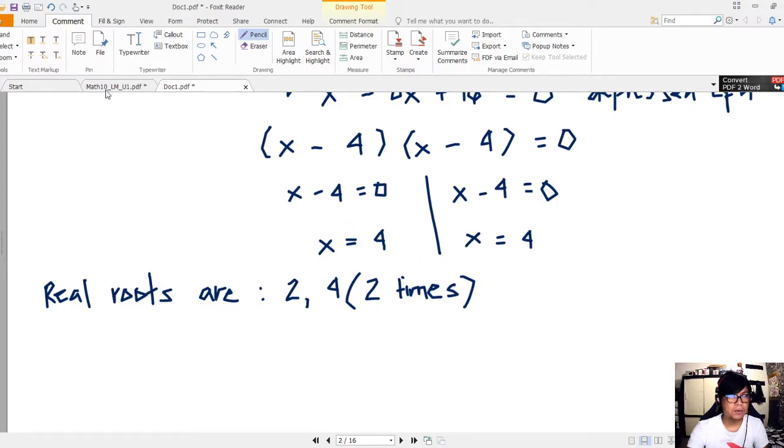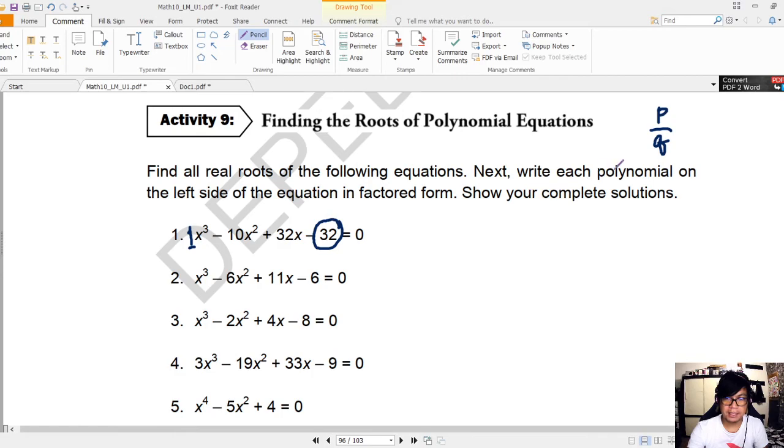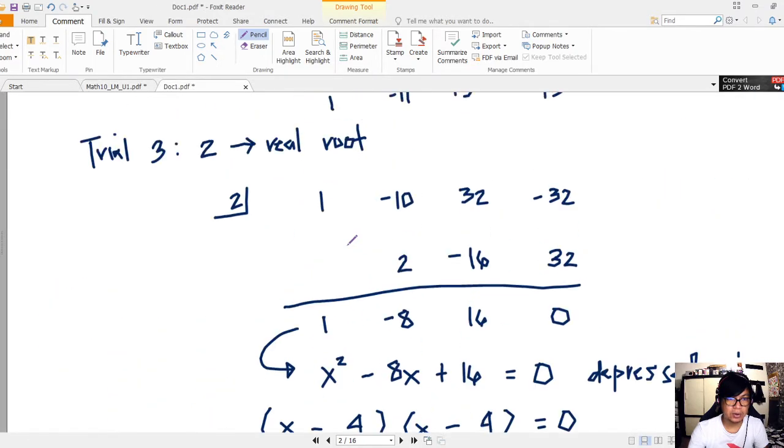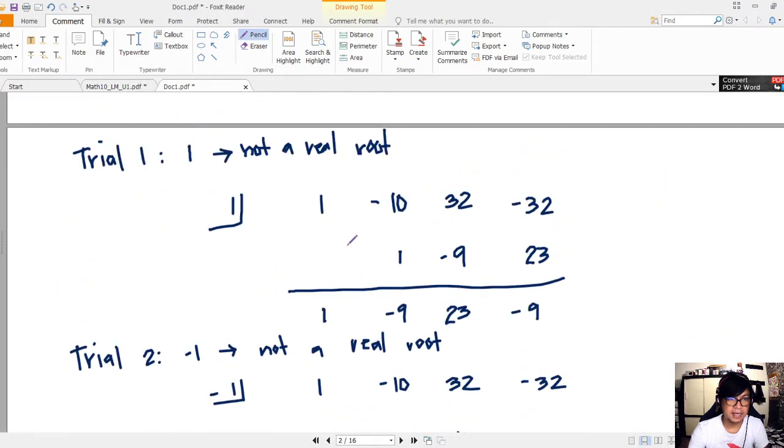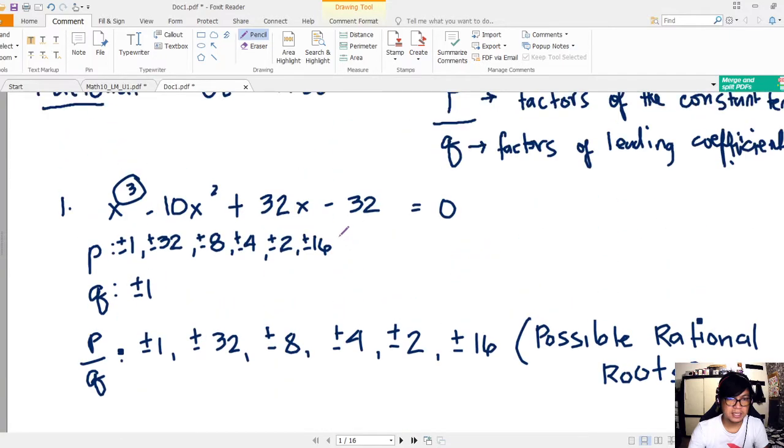And of course, the problem is also asking us to write each polynomial on the left side of the equation in factored form. So, gawin natin siyang factored form. Ipa-factored form natin ito, para yung given natin. Our given is this one, gawin natin factored form.